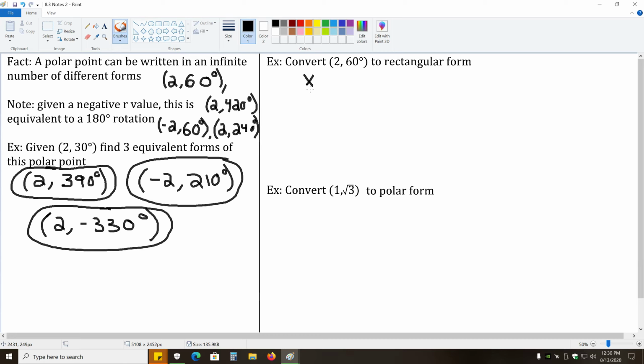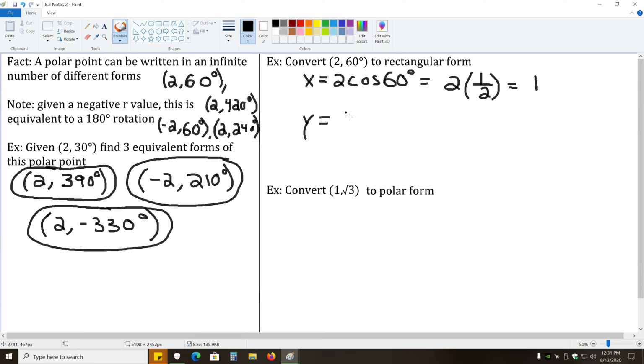Okay, starting off with x, remember x equals r cosine theta, so we get 2 times cosine of 60 degrees, which gives us 2 times cosine of 60 is 1/2, which leaves us with x equals 1. 2 times 1/2, they're reciprocals, the result is 1.